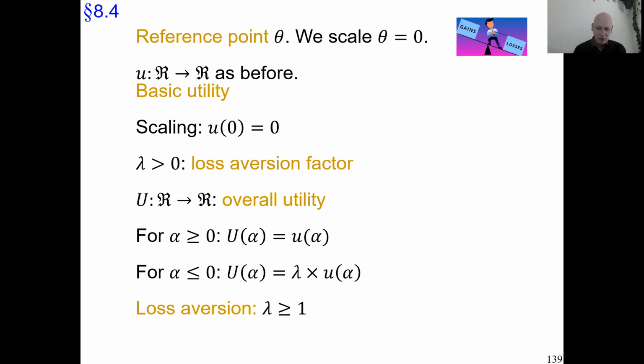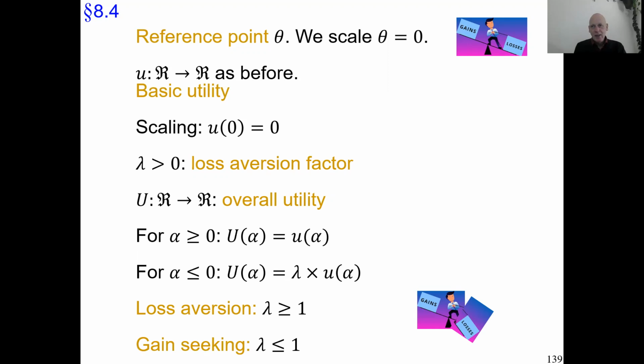It's a relative concept, so I could depict it in this manner. For losses, it goes down steeper than for gains it goes up. That is loss aversion. The opposite we can call gain seeking. And again, gain seeking does not mean that people like gains, because that's trivial. We don't need a term for that. Gain seeking means that people are relatively overweighting gains relative to losses. Again, a relative concept.